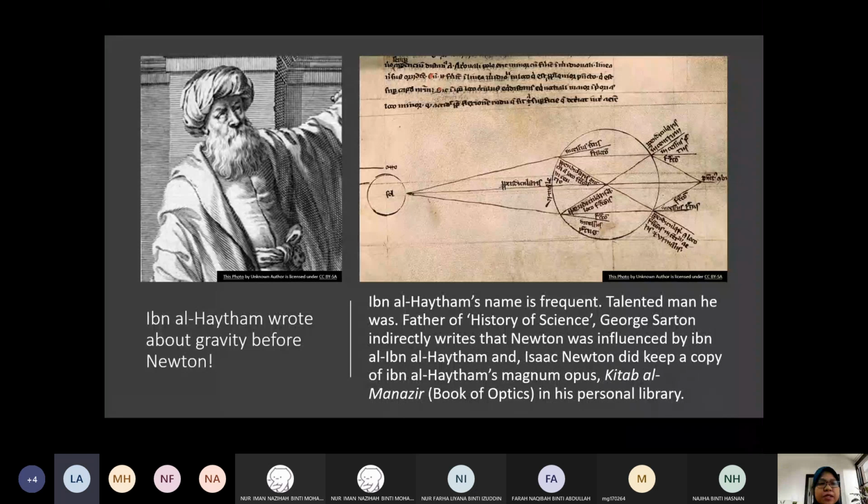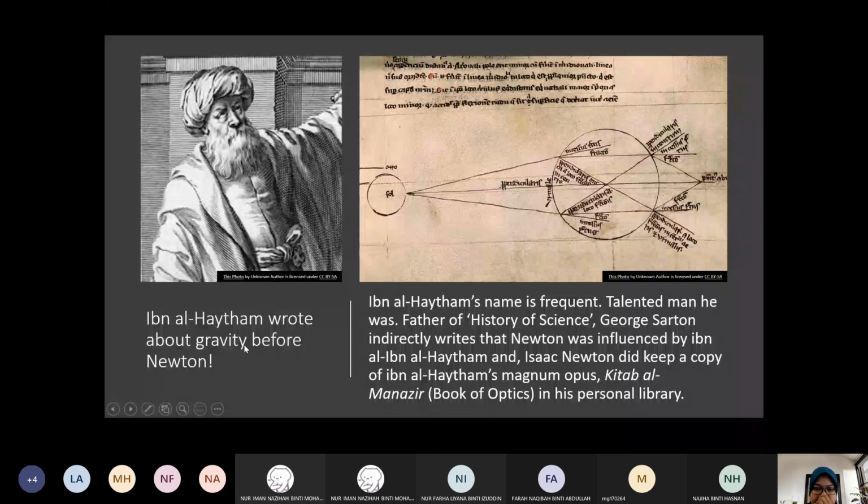Newton ni dia nampak apa? Apple jatuh apa semua kan? And then dia dapat idea tentang hukum graviti ni. Tapi sebenarnya di sebaliknya ada Ibnu Al-Haytham. Ibnu Al-Haytham wrote about gravity way before Newton.